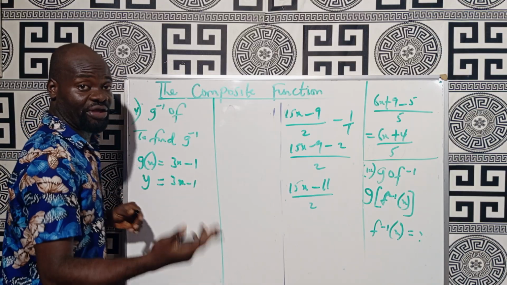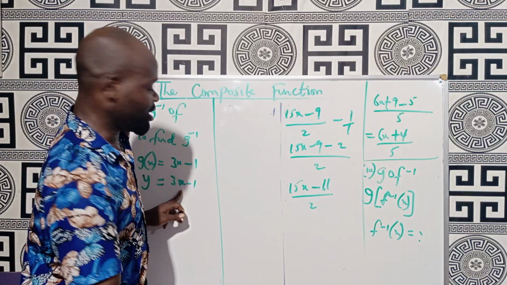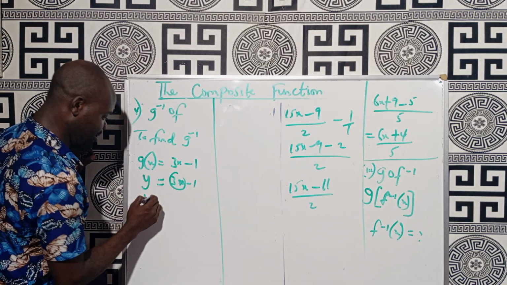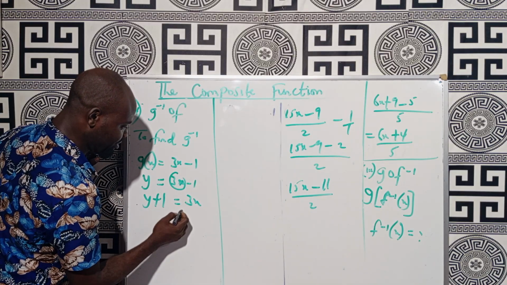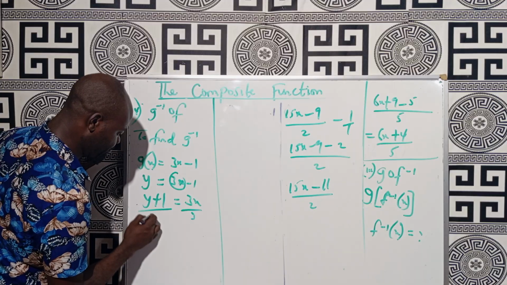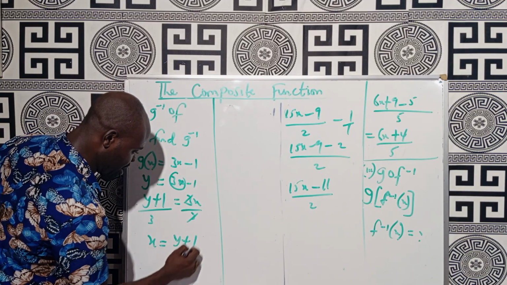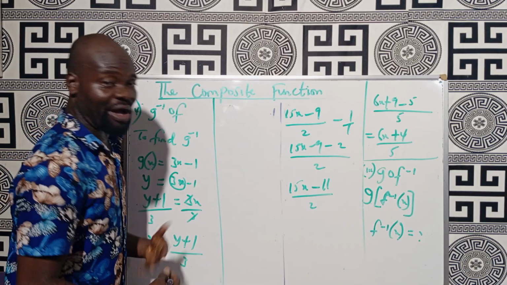So that's the general rule of inverse. What's the next thing? You make x the subject of the formula. So y plus 1 equals 3x. If you divide both sides by 3, you're going to have x equals y plus 1 all over 3. Now you have gotten your x, which means you have gotten your inverse.